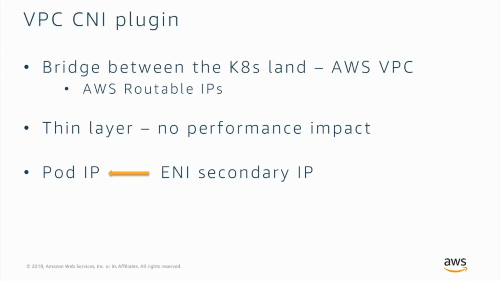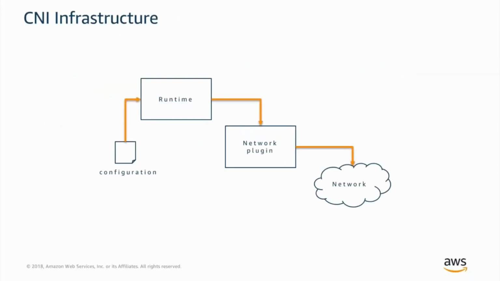This VPC CNI plugin is available on GitHub, so if you want to take a look at the frameworks that are laid out and get to the implementation details, you can do so later. It's a thin layer with no performance impact, and the IP addresses that you see on pods are actually the ENI secondary IPs. You'll see a few more slides that talk about this in more detail.